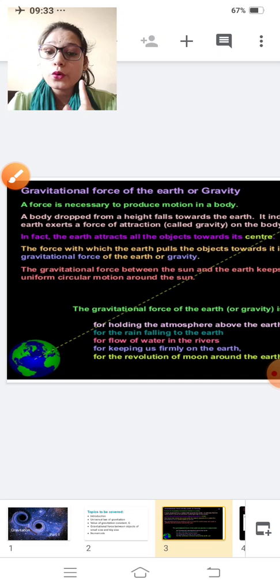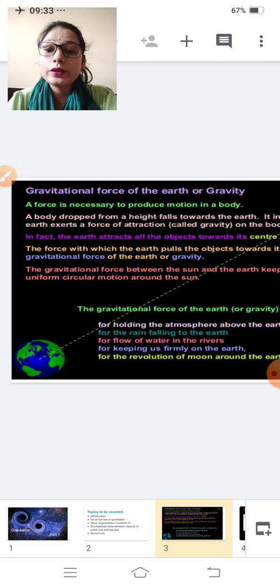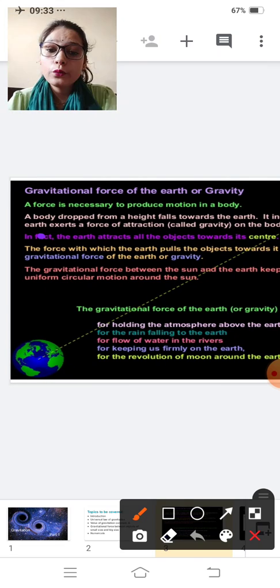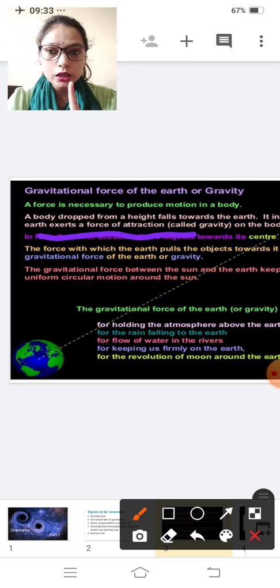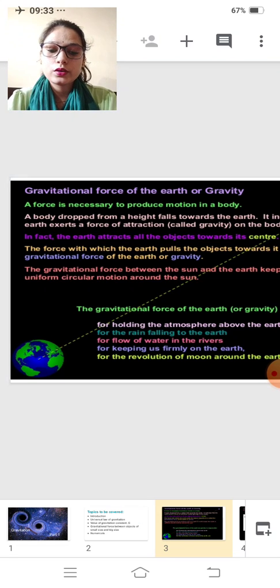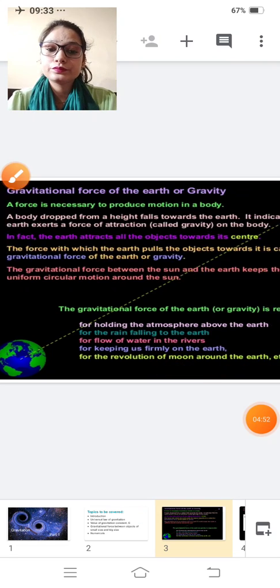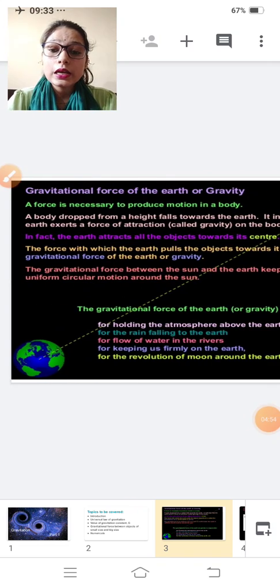So what do you mean by gravitational force? You can write: the force with which the earth pulls the object towards it is called the gravitational force of the earth, or gravity.